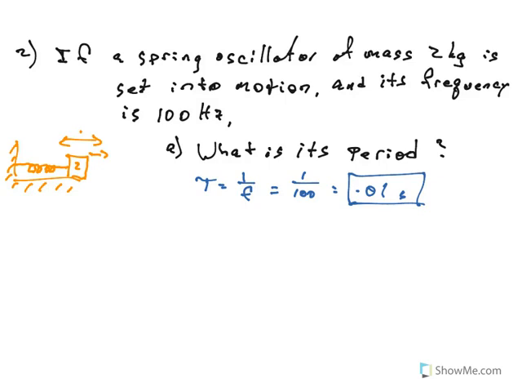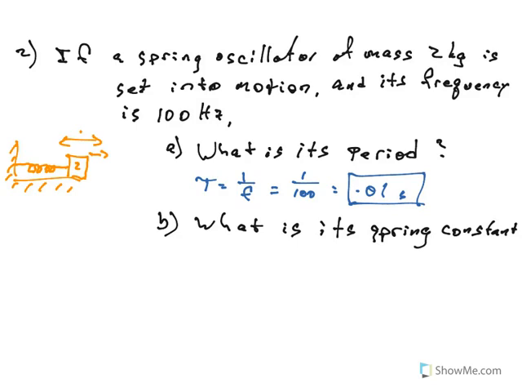Now for part B, this is tricky, as we need an extra piece of information. We need an equation for this. This question says, what is its spring constant? You remember spring constant from physics 1, where we did conservation of energy.